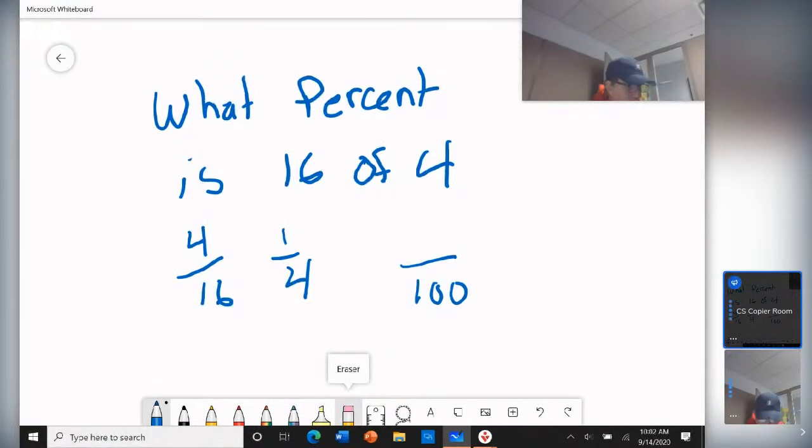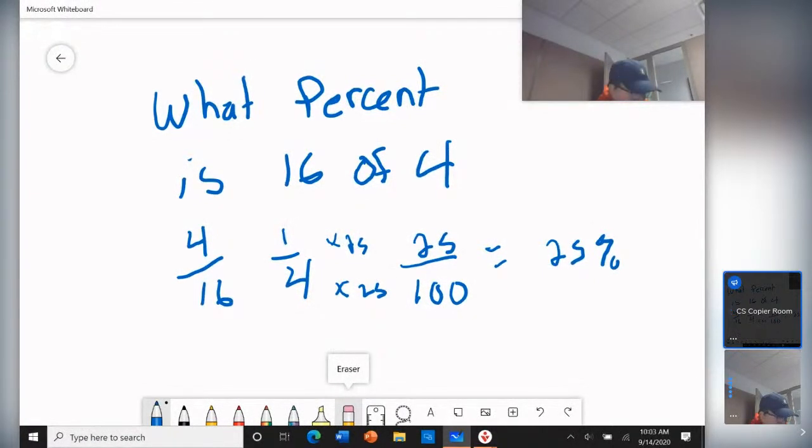So you know that 4 times what equals 100? That's going to be 25. And if we multiply the bottom, the denominator, by 25, we have to multiply the numerator. That's going to be 25 too. So it's 25 over 100, which would be 25%.